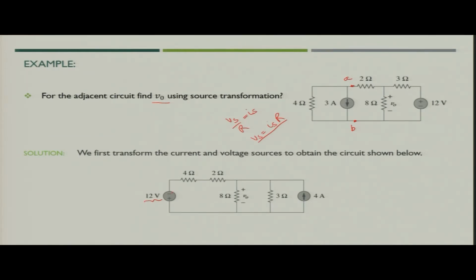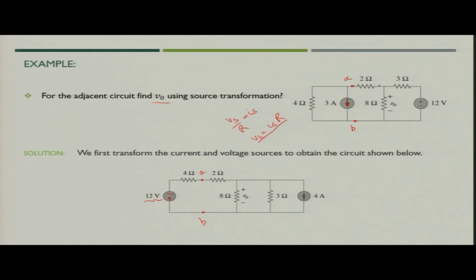What should be its polarity? Since current is downward, your polarity will be plus. Now what would be the value of resistance? Resistance value will remain the same, but now it will be in series. So across A, B, your updated circuit would be like this.